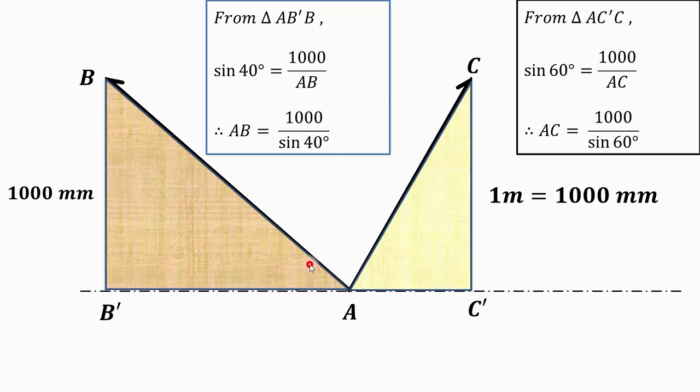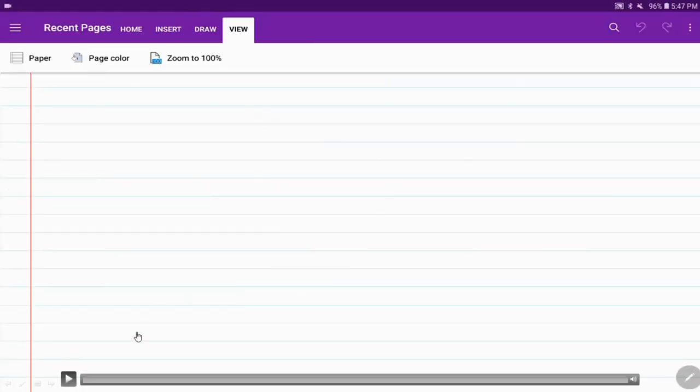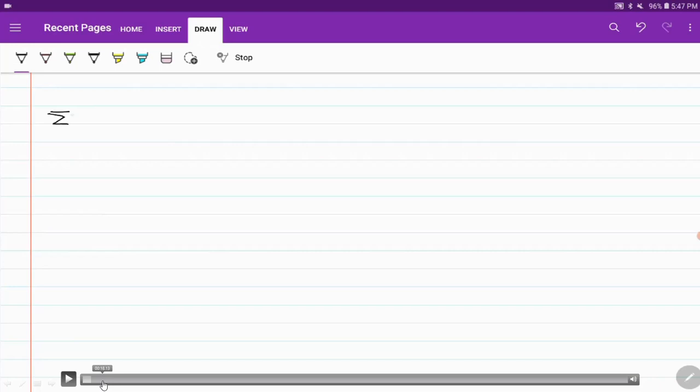Similarly, this angle is 60 degrees, so sine 60 will be equal to 1 meter, the opposite side, divided by the hypotenuse, so 1000 mm divided by AC. So AC will be equal to 1000 divided by sine 60. So we get the lengths of wires AB and AC from this. Now using this, we'll solve the example.